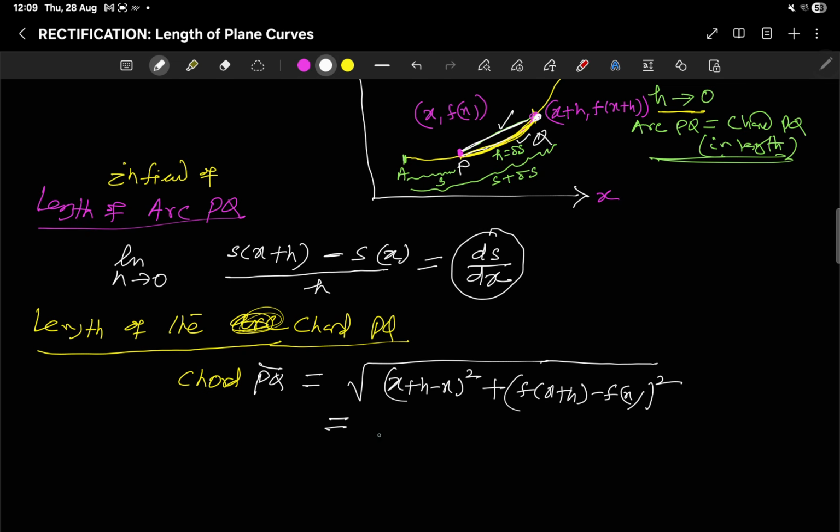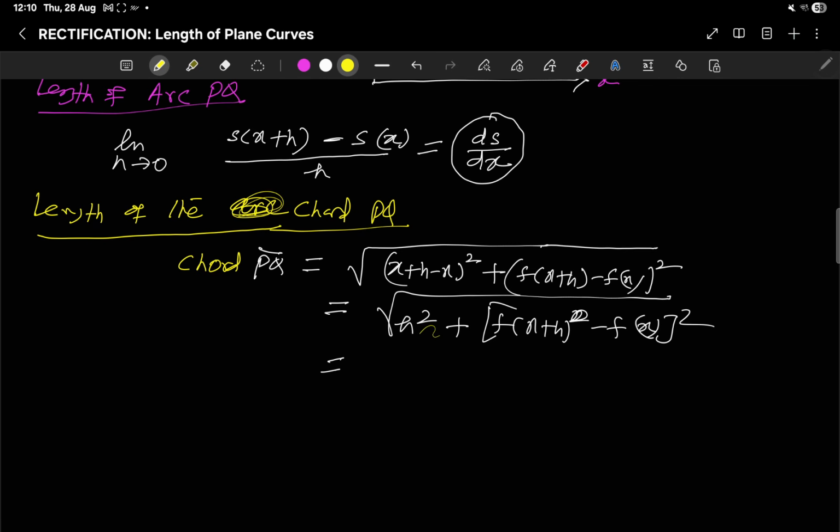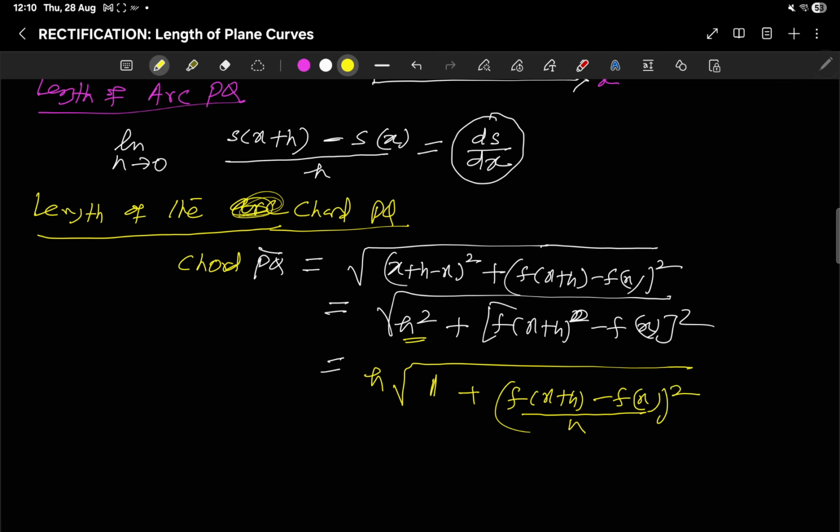So this will be equal to the square root of h square plus (f(x+h) minus f(x)) whole square. Now taking h square outside the root, it becomes h times the square root of 1 plus ((f(x+h) minus f(x)) divided by h) whole square.